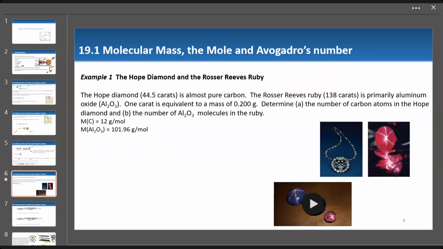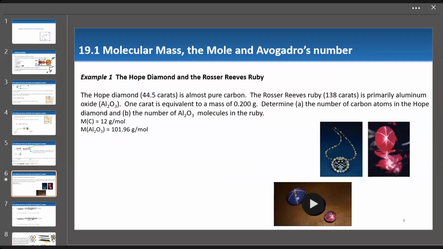The Hope diamond, 44.5 carats, is almost pure carbon. The Rosser Reeves ruby, which is 138 carats, is primarily aluminum oxide. 1 carat is equivalent to a mass of 0.2 grams. Find the number of carbon atoms in the Hope diamond and the number of aluminum oxide molecules in the ruby.